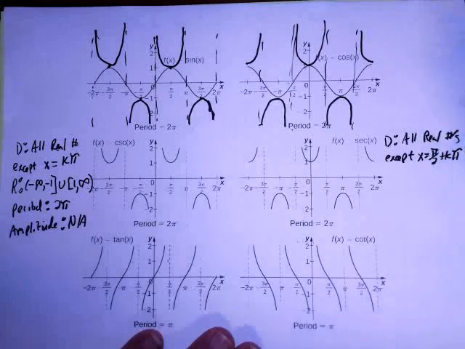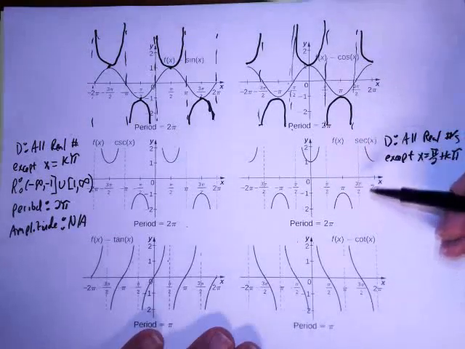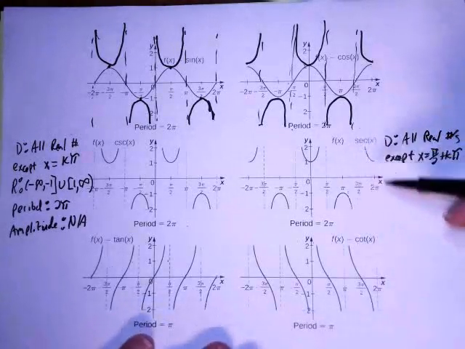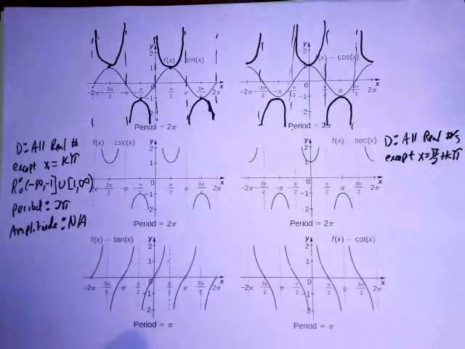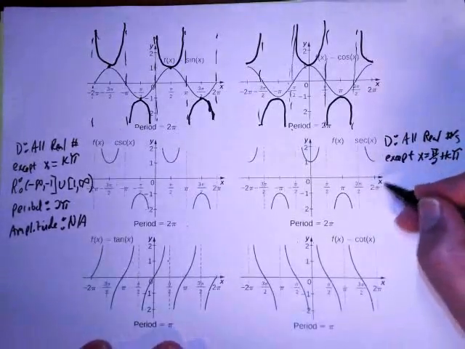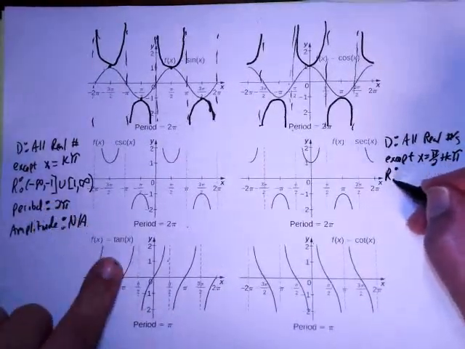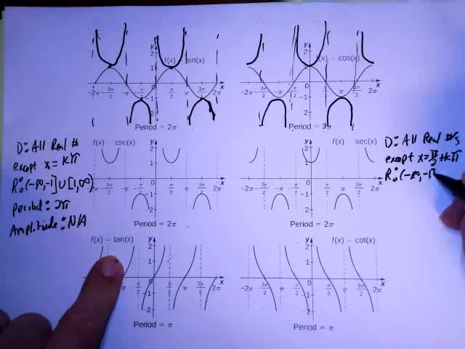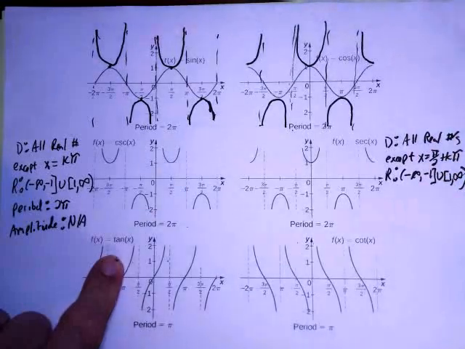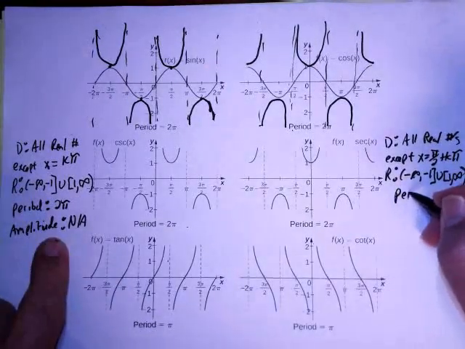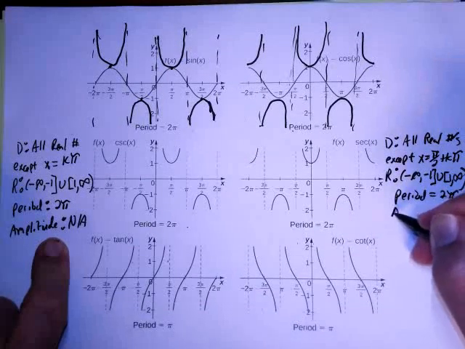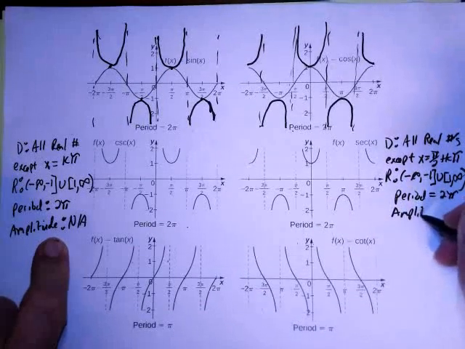It'll be like the tangent because this will have a vertical asymptote whenever cosine is 0, whenever the x-coordinate on the unit circle is 0. The range is the same as this, so it'll go from negative infinity to -1, and then 1 to positive infinity. And again, the period is 2 pi, and the amplitude does not apply.